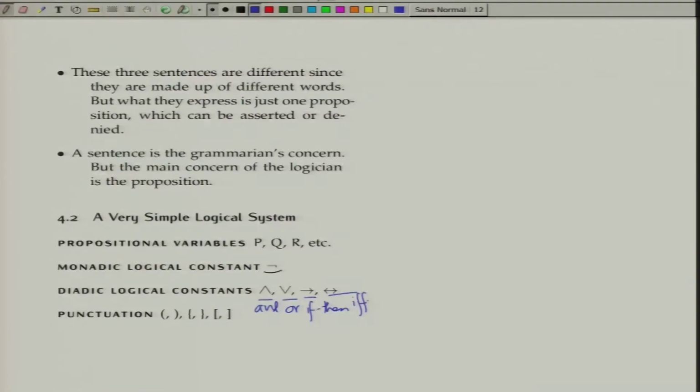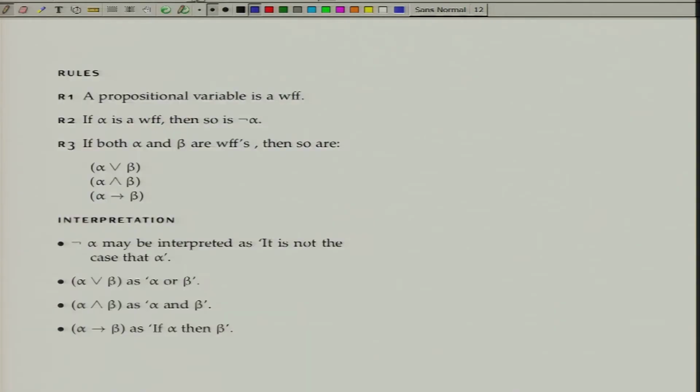Anyways, we have given some interpretation for the sake of semantic convenience, so that we have some idea about what these things could be. And we need punctuation. So we have brackets of all different types, mainly 3. We could have more, we could manage with 1, but once again for convenience we have 3 different brackets. So the system looks like this.